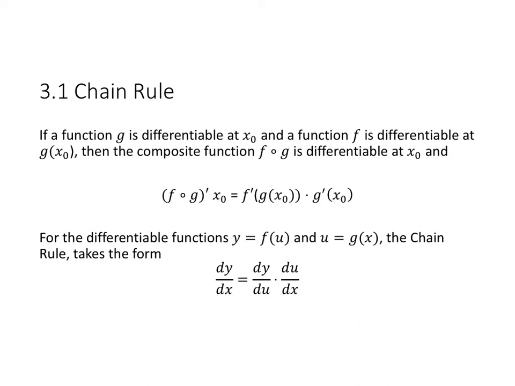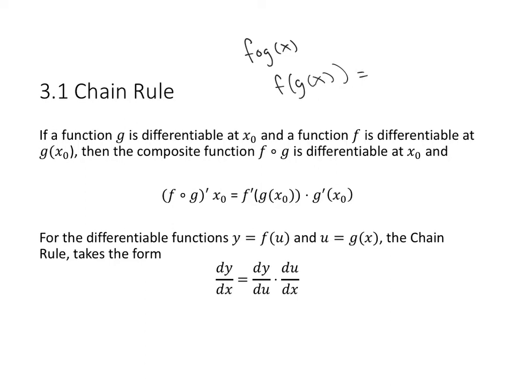You could also have written it using the different form of dy over dx is dy over du times du over dx. So let's talk about what this actually means. We're going to differentiate the parent function. So if I have f of g of x, I can write that out as f of g of x.